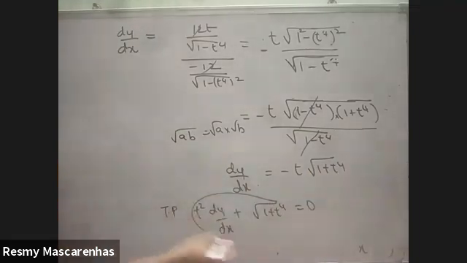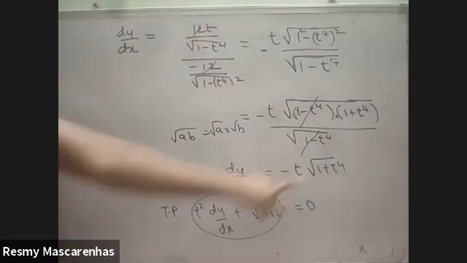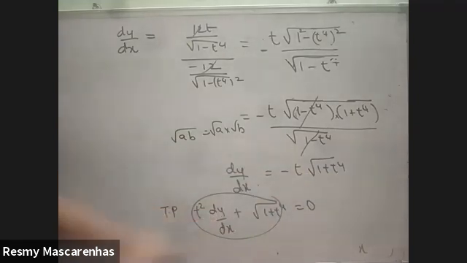So take only your left hand side. Substitute the value of dy by dx here. This is 1 second now. T cube is there. Should get cancelled. I'm not sure of the question.